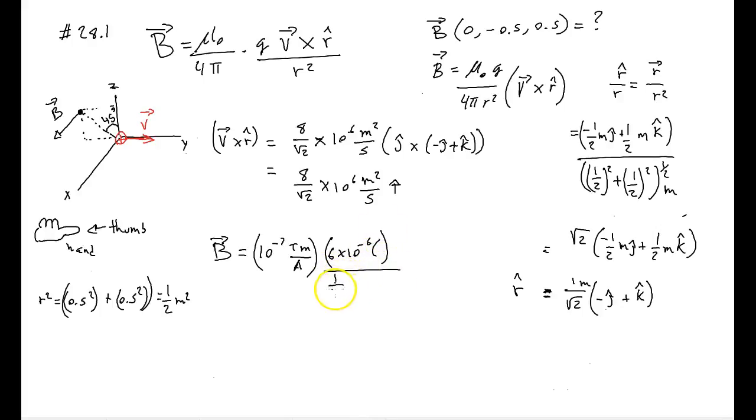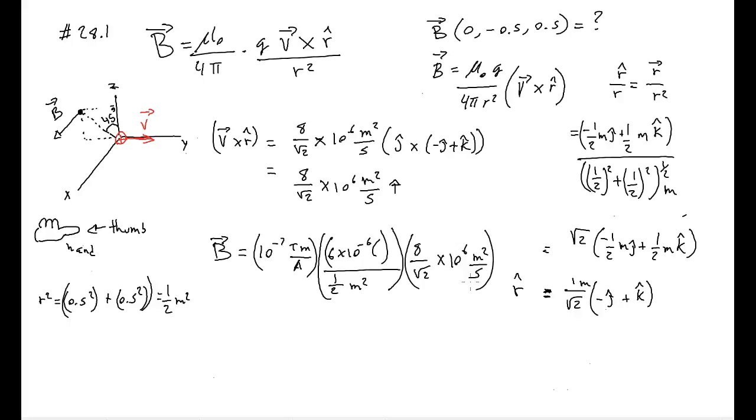And then we have to multiply that by V cross R hat, which we found to be this. So this times, I'm going to write it in this way, 8 over the square root of 2 times 10 to the 6th meters squared per second, and the unit vectors. So let's see, this comes up top, and you have a 12. 12 times 8 is, what is that, 96?